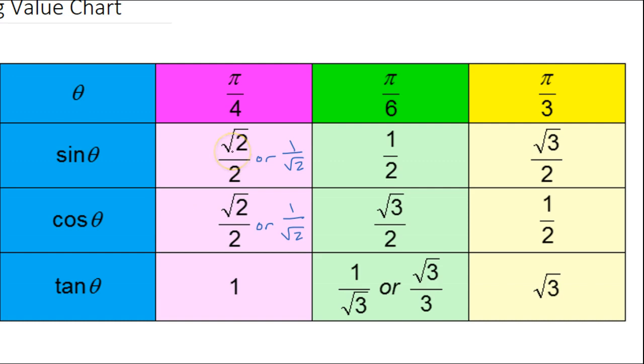And again, this is the chart of values that we memorized way back during Unit 1. Just make sure you still have this information in your brain. And pi over 4 is the same thing as 45 degrees, pi over 6 is the same thing as 30 degrees, and pi over 3 is the same thing as 60 degrees.